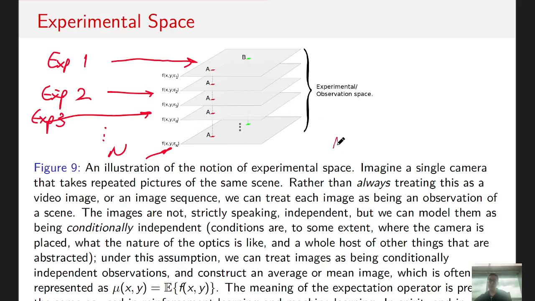In other words, our average only approximates the expected value of intensity at A, E of A, with this fancy looking E here, if n tends to infinity. Of course, we can't conduct an infinite number of experiments, but we can very often conduct a practical number of experiments that is very large. And so we often ignore this subtlety about the expectation operator.